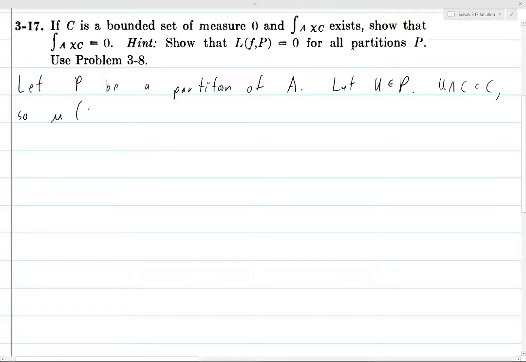So the measure of U intersect C equals 0. This notation, again, means that U intersect C is a set of measure 0.